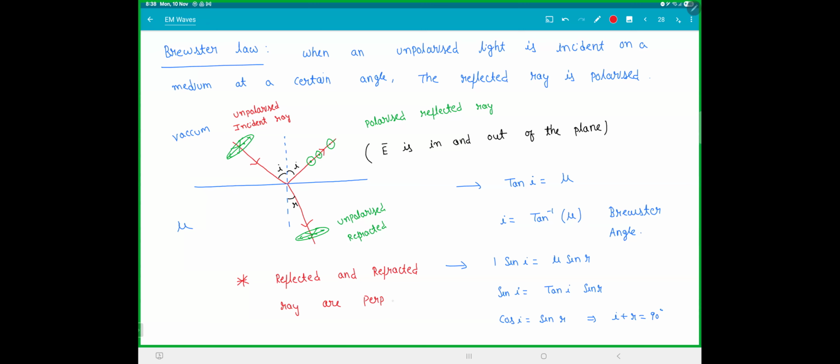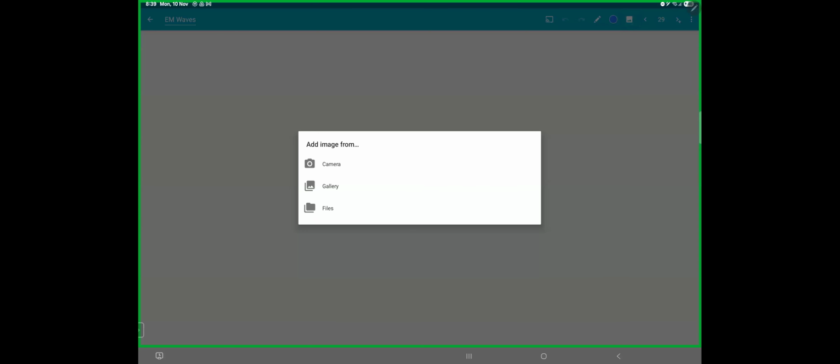That's about Brewster law. Not much, a straightforward concept. There are three possible questions in this, and they do ask. We don't have any proofs or anything. All these are just experimental things. Next thing.